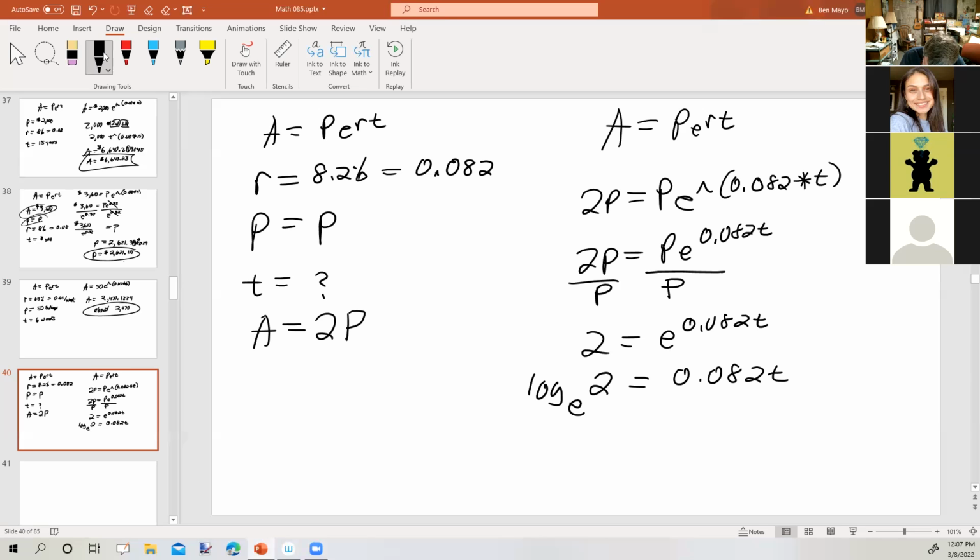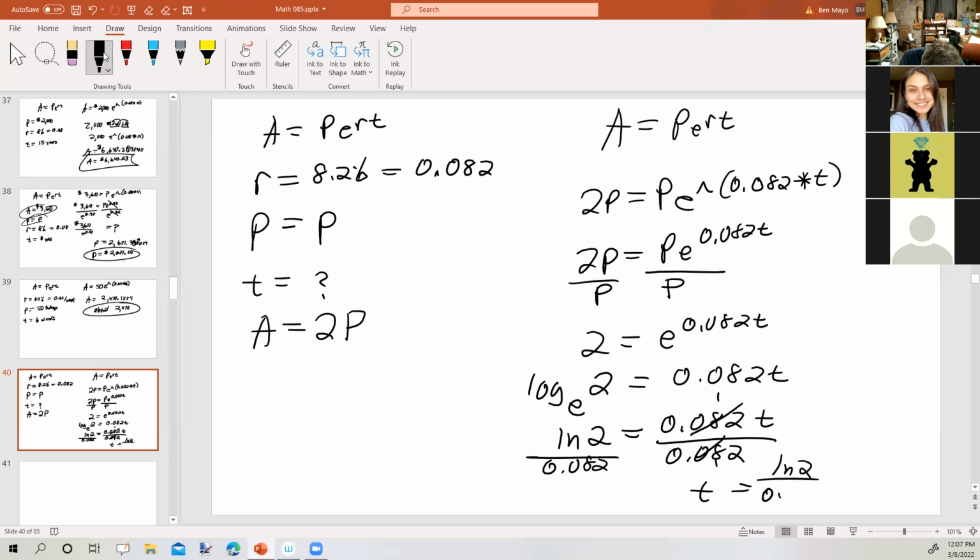But log base e of 2 is the natural log of 2 equals 0.082 times t. To solve for t, I'll now divide both sides of the equation by 0.082. So t equals the natural log of 2 over 0.082.